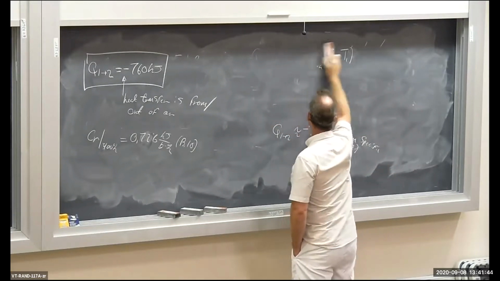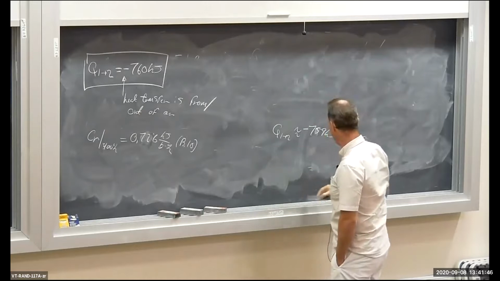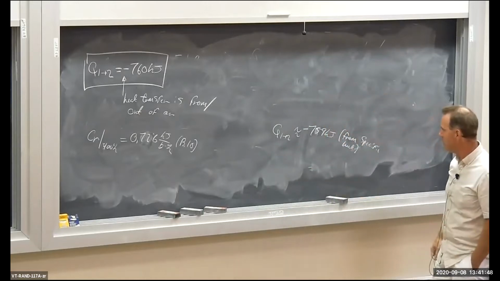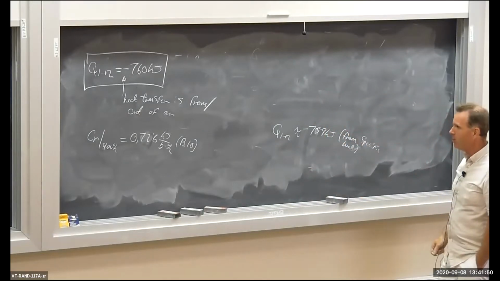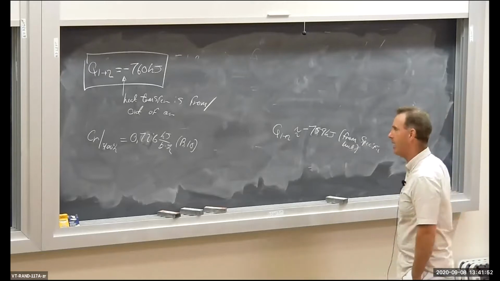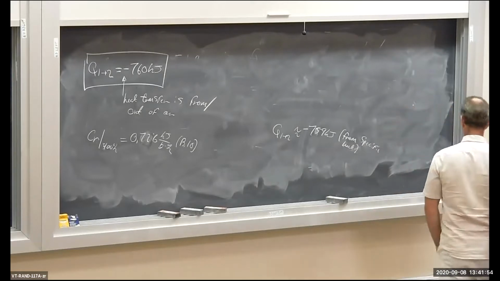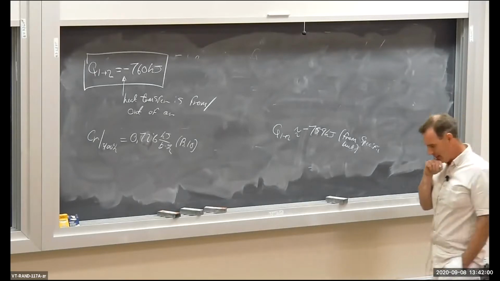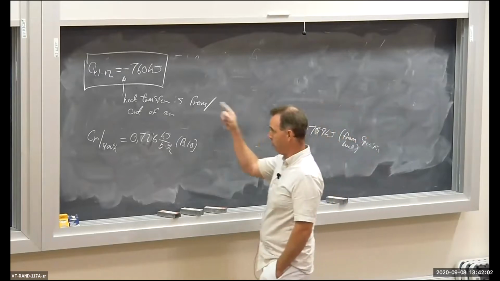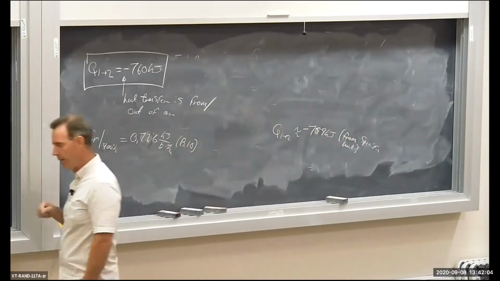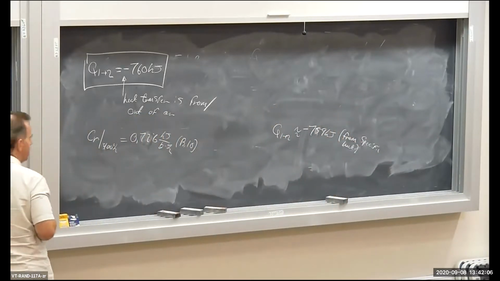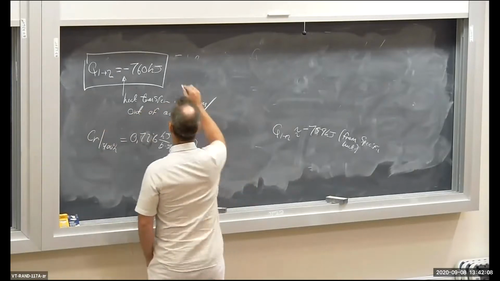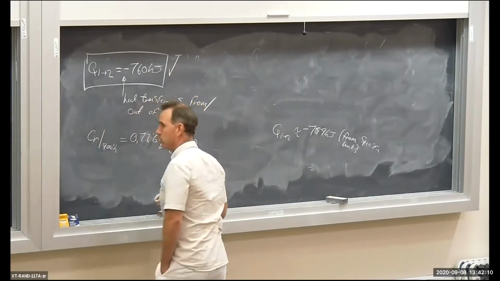The actual heat transfer is 760 kilojoules out of the system. And from constant specific heats, using the definition of specific heat at constant volume, since it's an isochoric process, we get 759 kilojoules, very close to 760. Good check. So I'm going to put a check right here, that looks good.